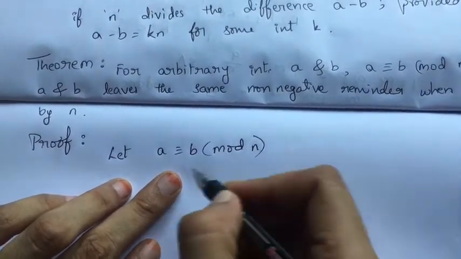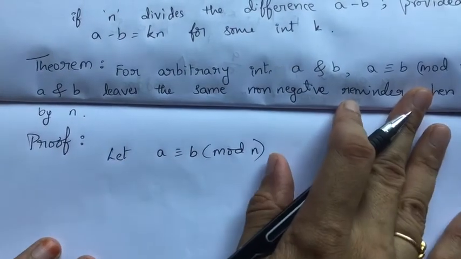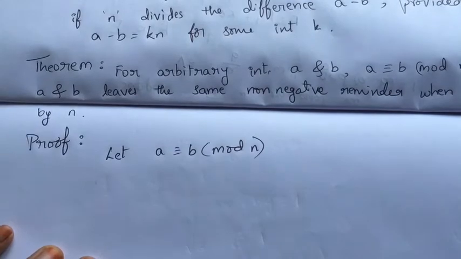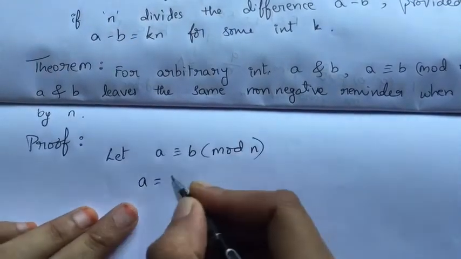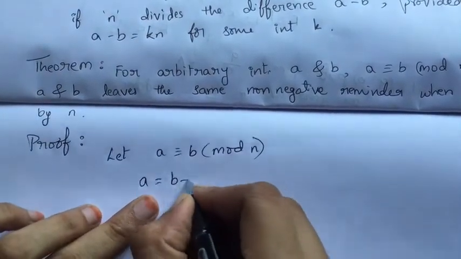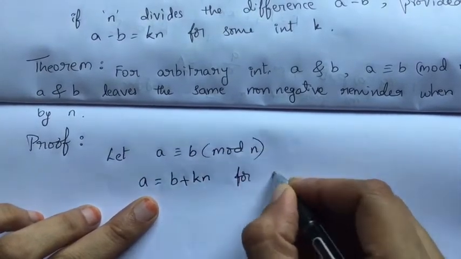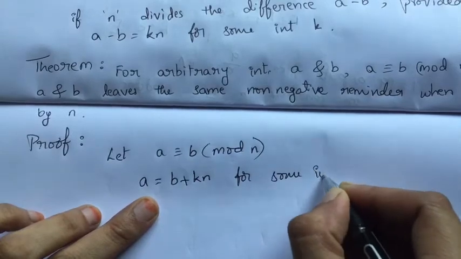Let a ≡ b mod n. Usually we put the bracket, sometimes I forget to put it. Then I can write a = b + kn for some integer k.